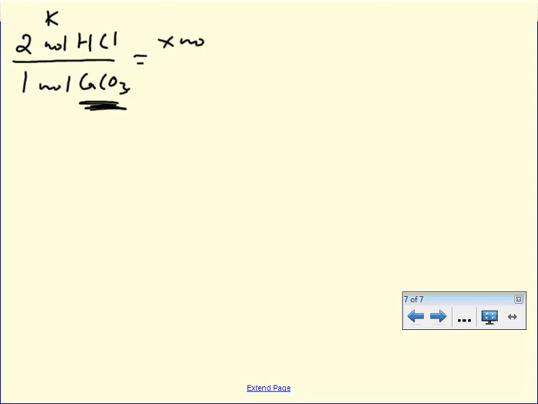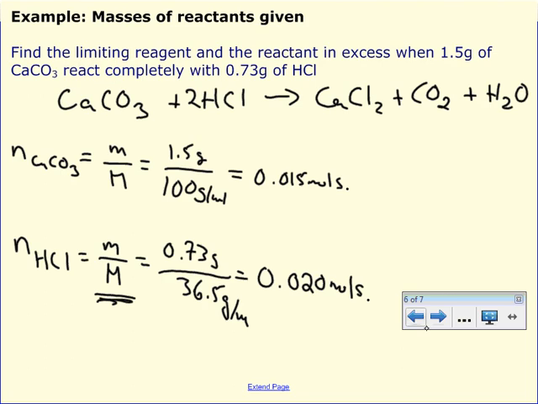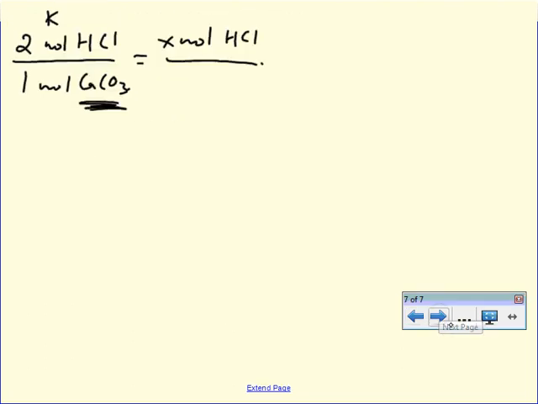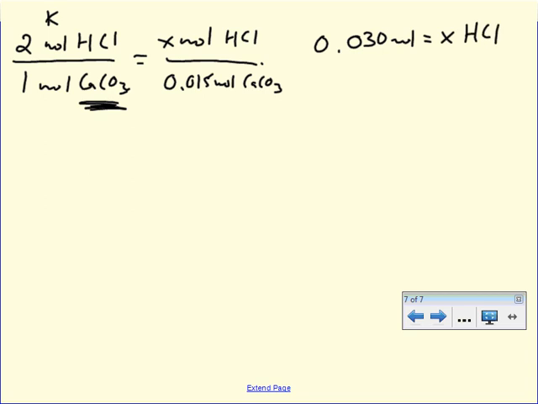So X moles HCl, and I had 0.015 moles of calcium carbonate. So, doing some quick math, I'll have 0.030 moles, and that's equal to the amount of HCl that I need.